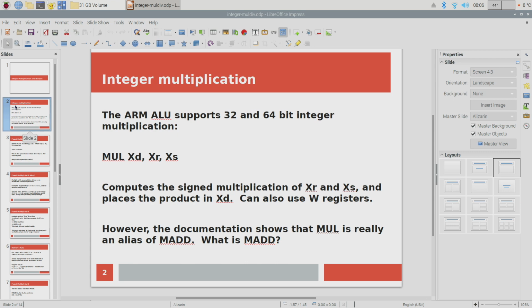Yeah. And this will compute the signed product of the two. So if the product is supposed to be negative, it'll be negative and so on, right? So it handles sign no problem. If you do mul with an S at the end, then that will also set the flags.